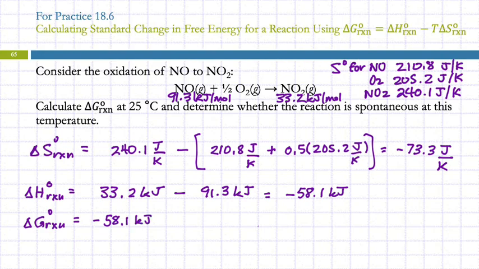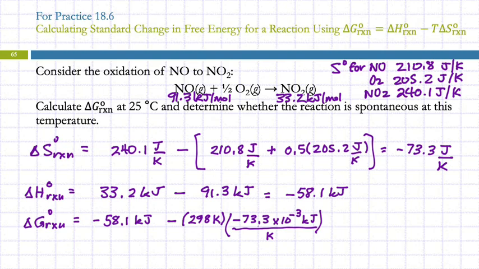We'll do kilojoules. So that's delta H minus the temperature at 25, it's 298 K, times the delta S, minus 73.3 times 10 to the negative third kilojoules per Kelvin.